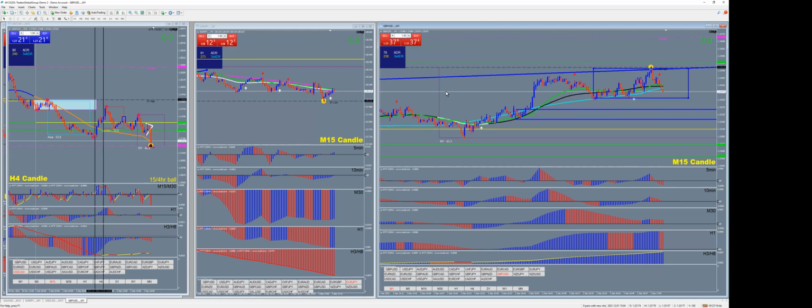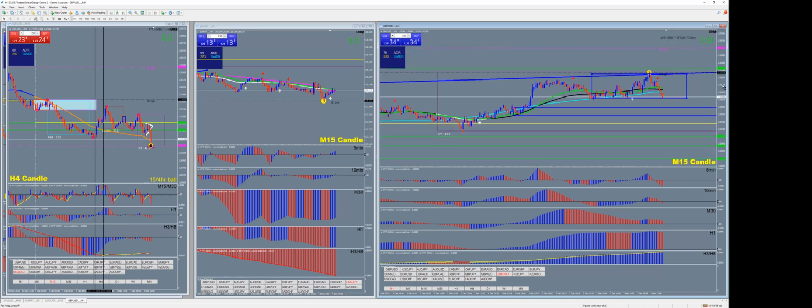Okay, made my 5 pips and I'm out. $1 short. Anybody else short from $1?